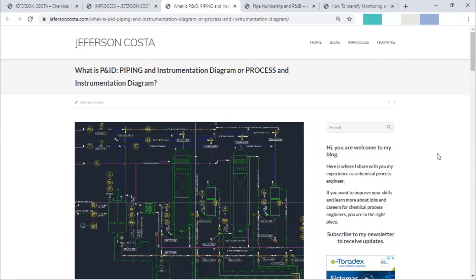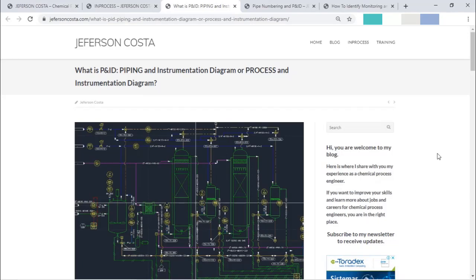There was a discussion about that on my LinkedIn, and what really matters is that P&ID is a multidisciplinary document in plant design, so not only the chemical process engineer uses it, but also the mechanical guy, instrumentation guy, automation team, and piping also, and eventually civil engineering will have some information in the P&ID too.